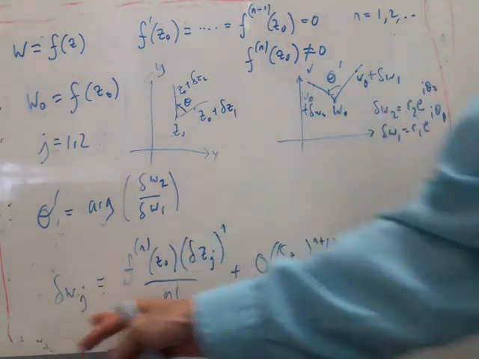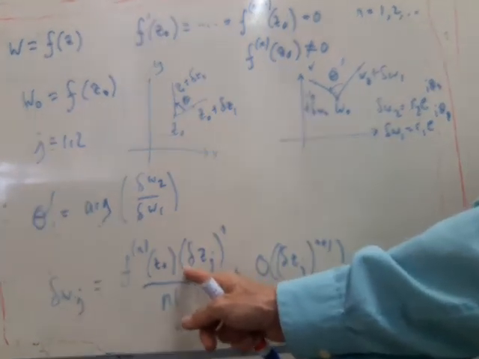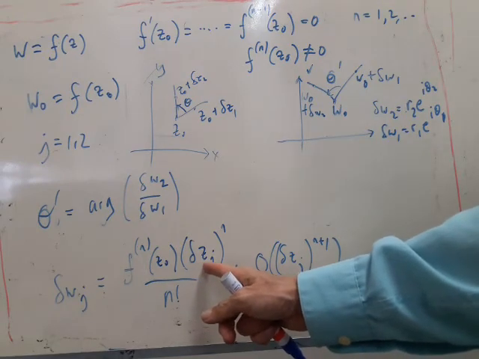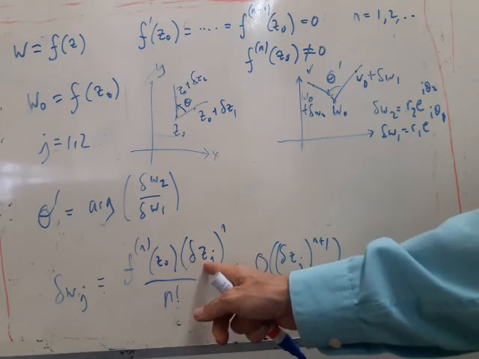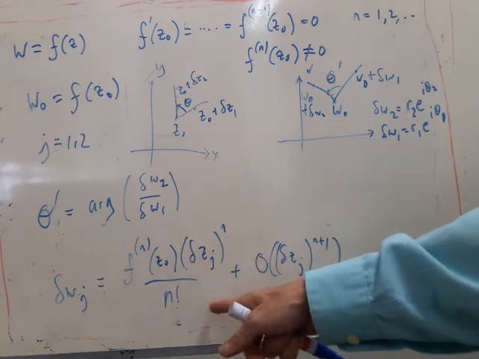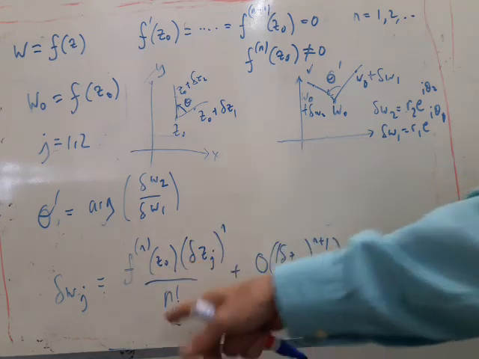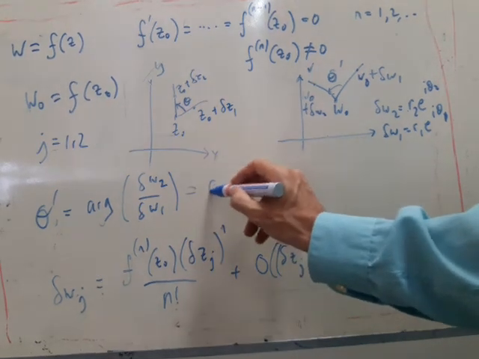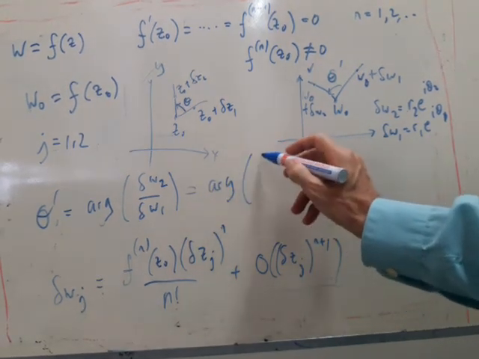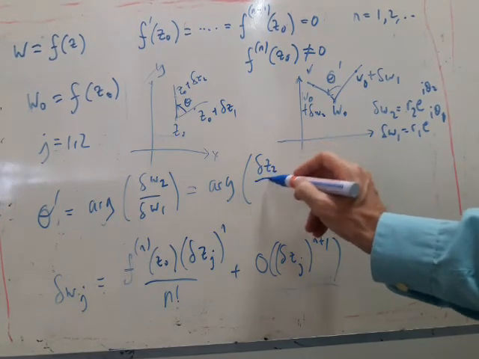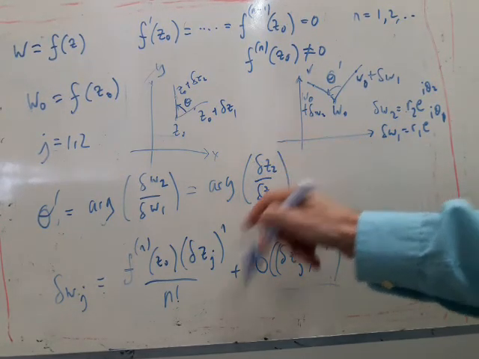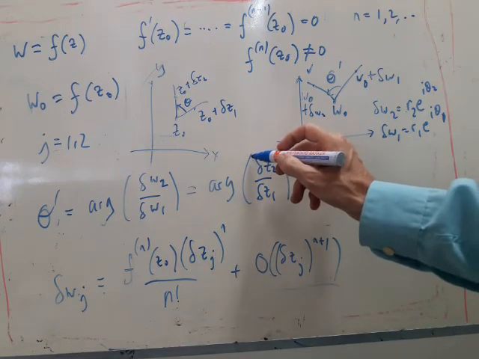If I divide those two things, I'm dividing this when j is 2 by the same thing when j is 1. So everything cancels, this cancels, this cancels, except for this. So I end up with the argument of delta z2 divided by delta z1, but this is all to the power n.